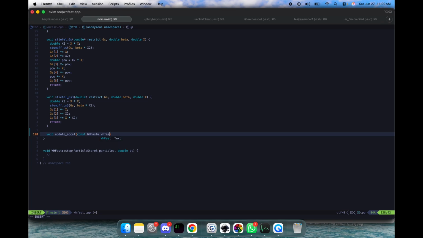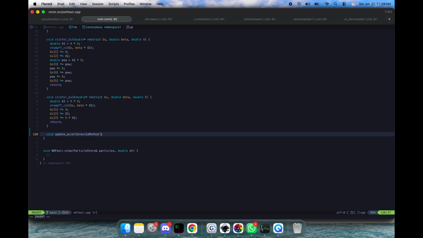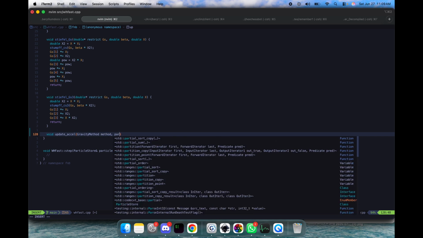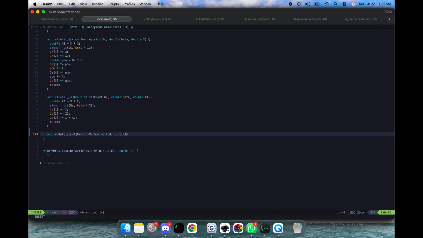Or just, let's give it the gravity method actually. And now, not pipe. Oh my! The autocomplete on this is terrible. Particle store particles.